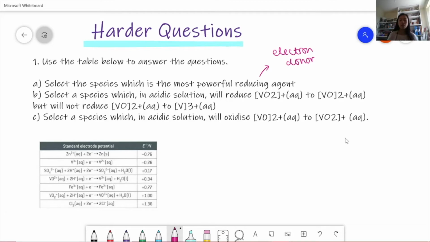And first of all, what we think is, does a half cell that has a more negative standard electrode potential have a better reducing agent than the more positive standard electrode potential, or is it the other way around?